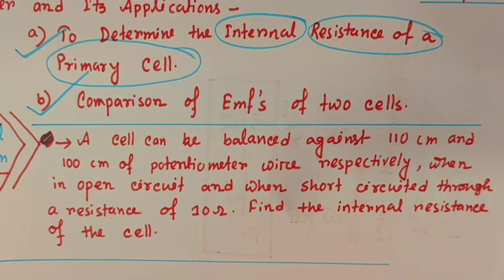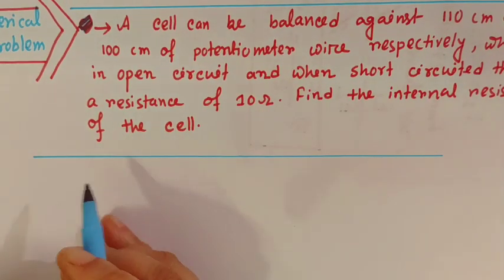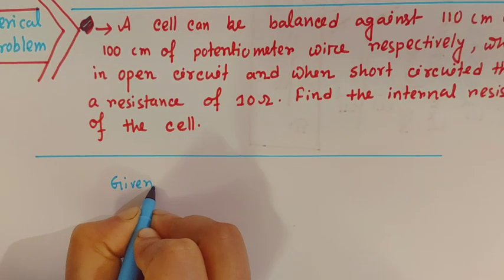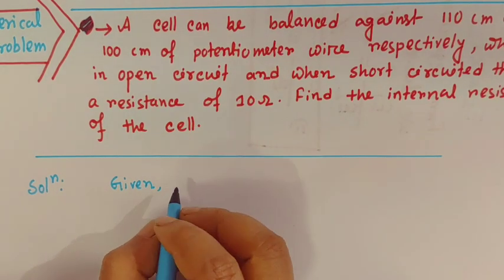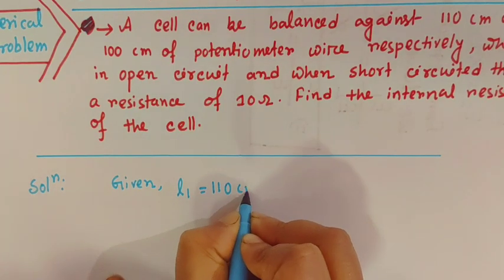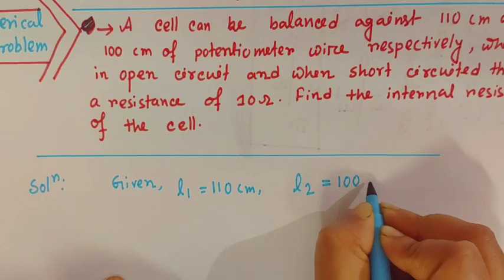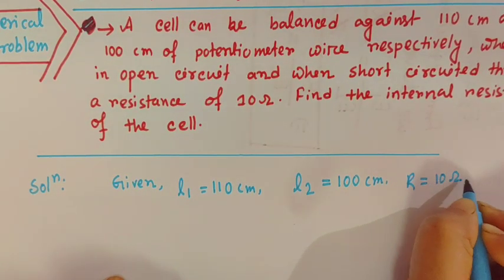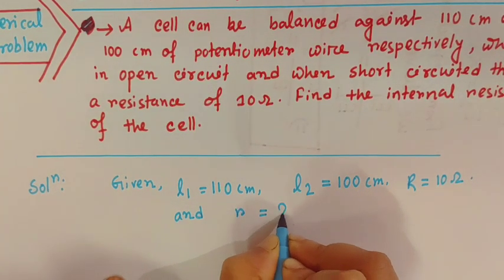So here what values are given? This is the solution. Given L1 is equal to 110 centimeter and L2 is equal to 100 centimeter and R is equal to 10 ohm, and we have to find the small r, internal resistance.